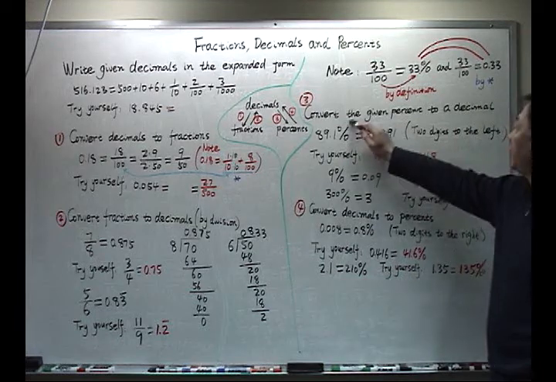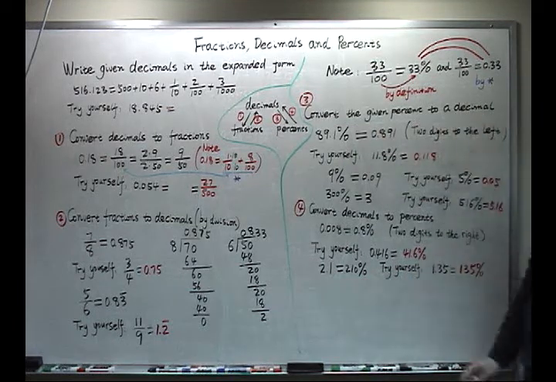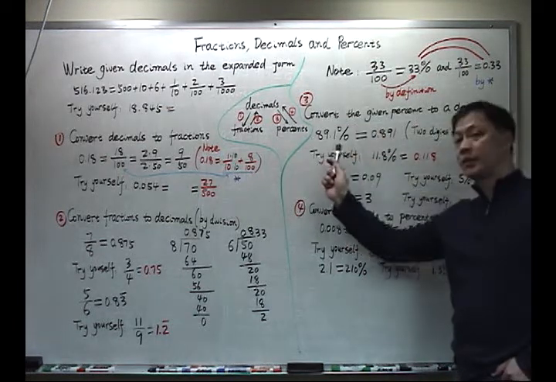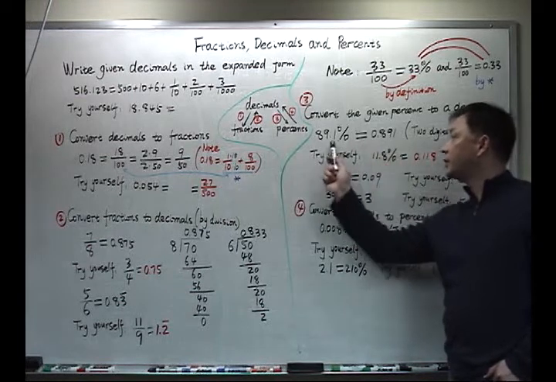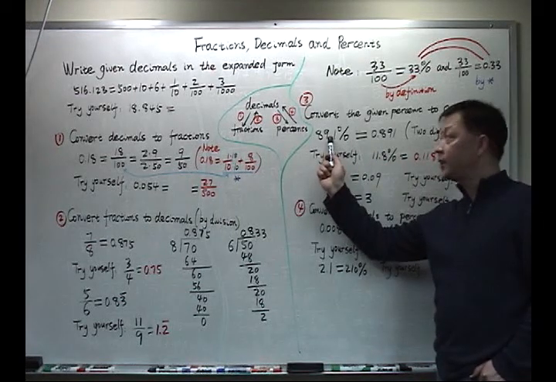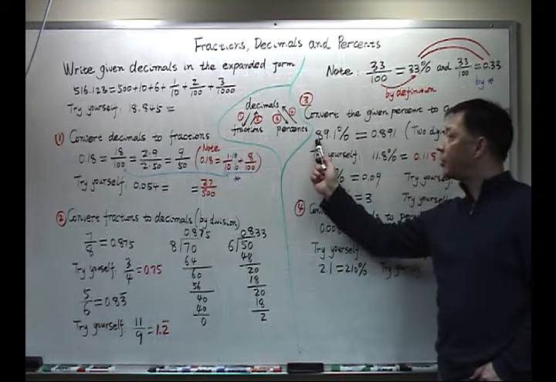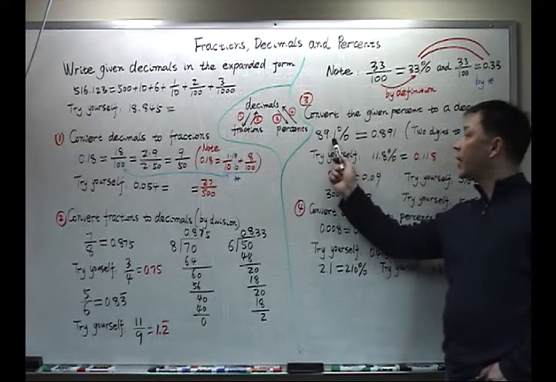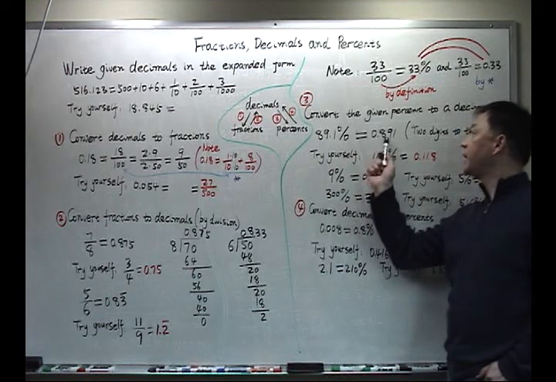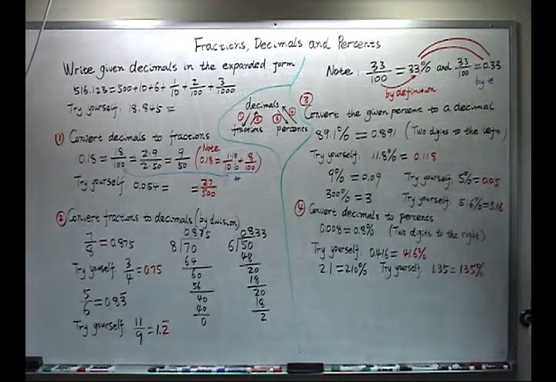Look at another example. Convert the given percent to a decimal. This is percent. This is decimal. So the decimal point is right here. Then you shift the decimal point 2 places to the left. So 89.1 becomes 0.891. Okay, 2 digits to the left.